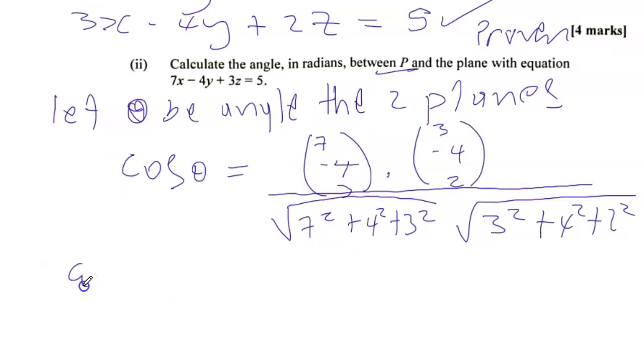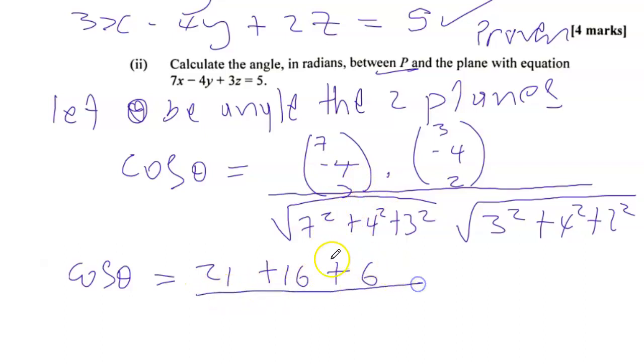So cos theta, the dot product, would be 7 times 3, that's 21, plus 4 times 4, that's 16, 3 times 2, that's 6, all over the square root of the first one here, that's 7 squared, that's 49, plus 16, plus 9, that's 74.